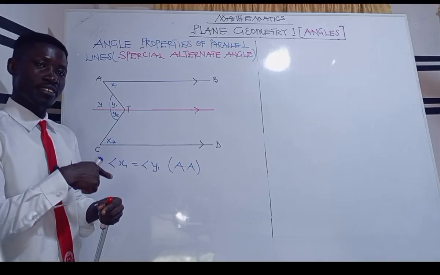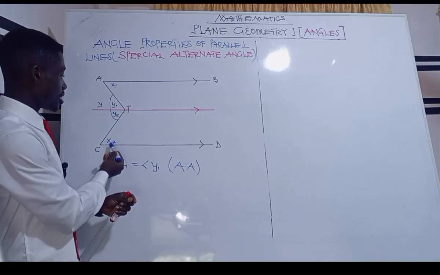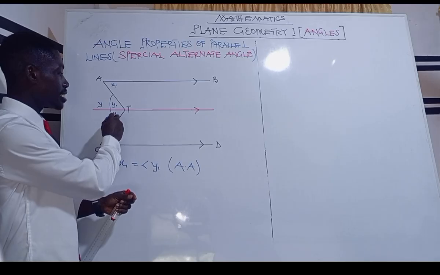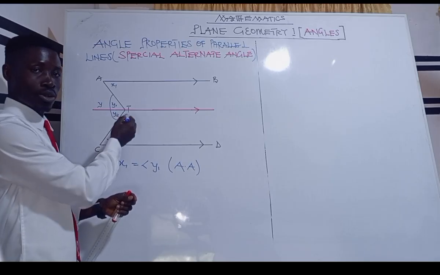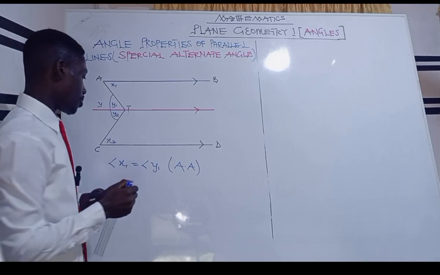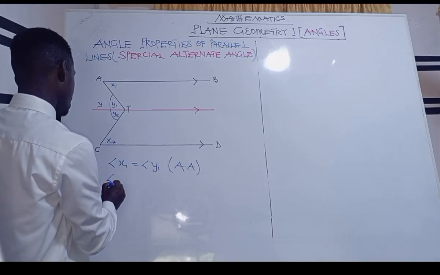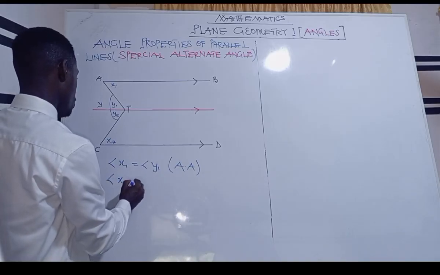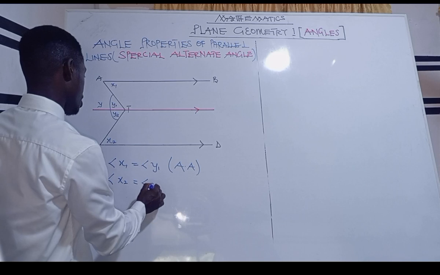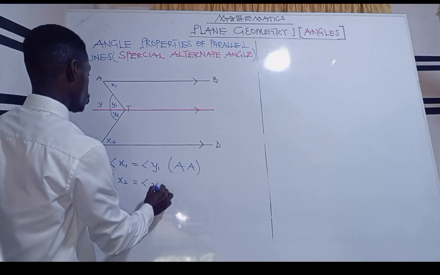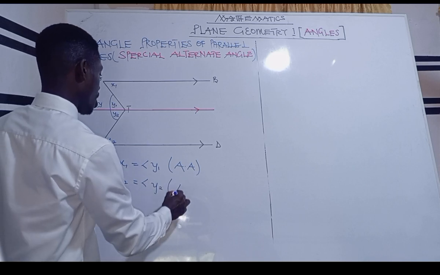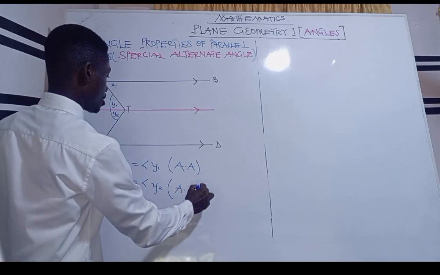We can also observe from the diagram that this angle x2 alternates with angle y2, and alternate angles are equal. So angle x2 is equal to angle y2. We are still using alternate angles. Good.